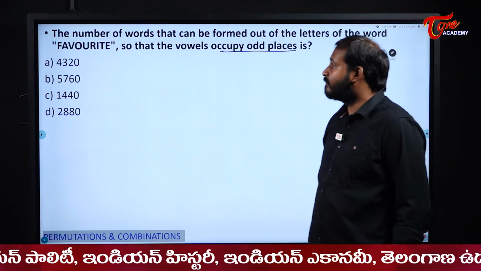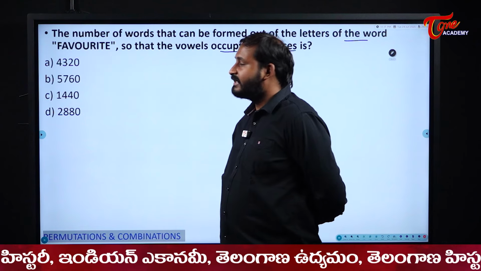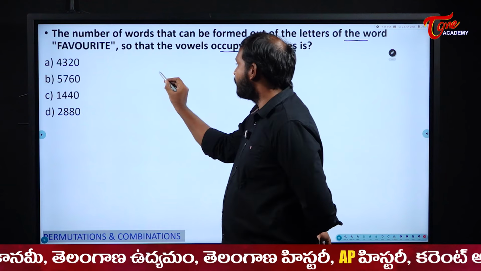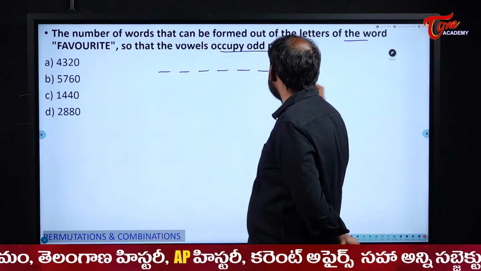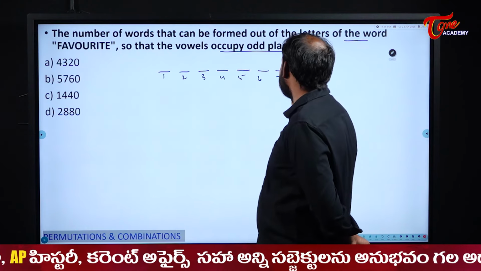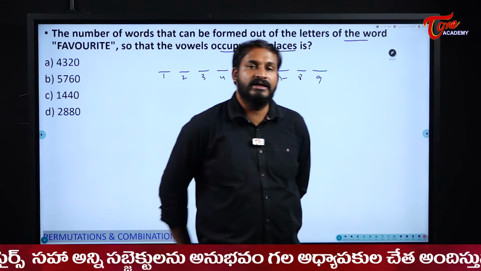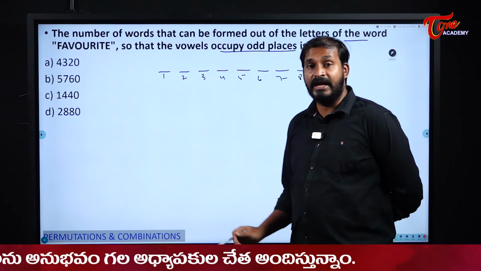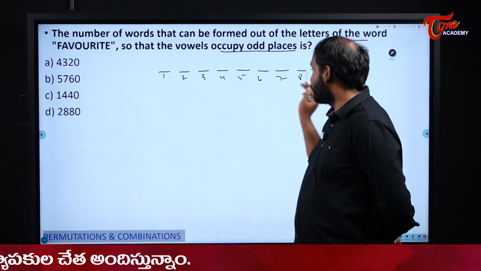In favorite, I have 9 letters, so 9 positions: 1, 2, 3, 4, 5, 6, 7, 8, 9. I will have 5 odd positions: 1, 3, 5, 7 and 9.